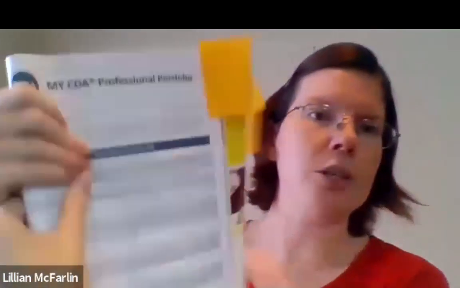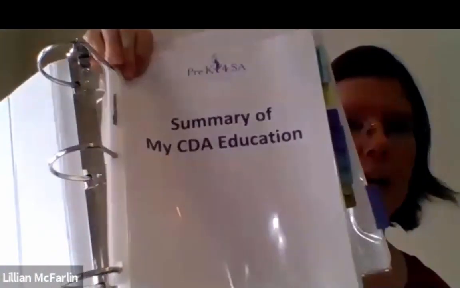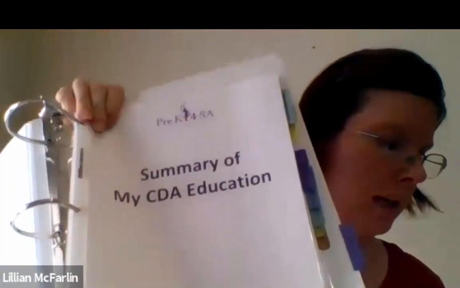All right. So after this sheet, the next thing is going to be your summary of My CDA education cover sheet. That is the first one I showed you. That's the next one. Now, this is where it gets cute. After that cover sheet, you need to have all your relevant training transcripts, certificates, and official documentation.